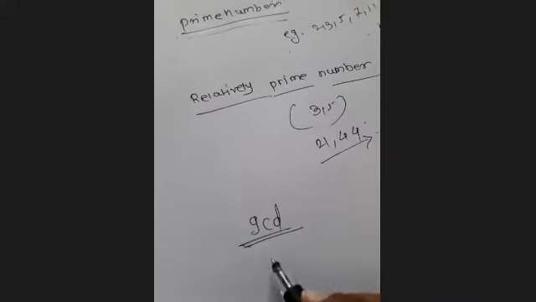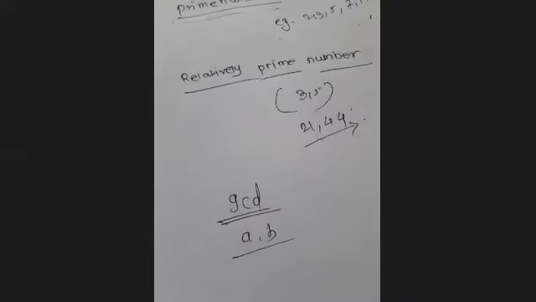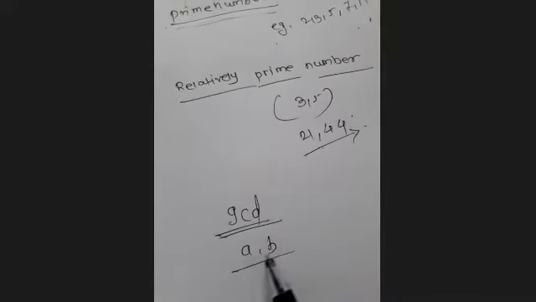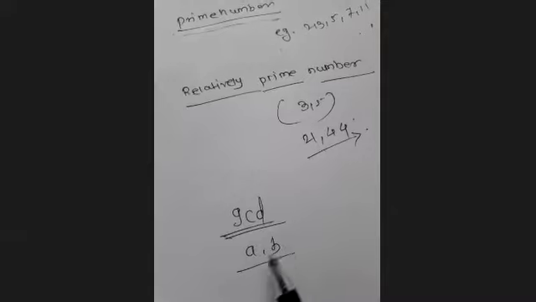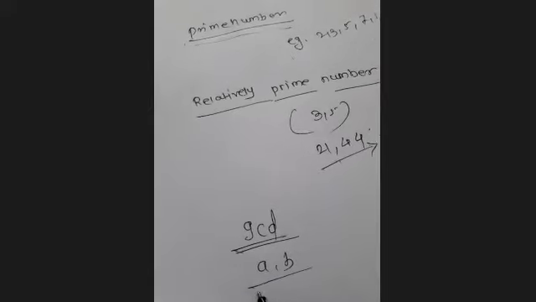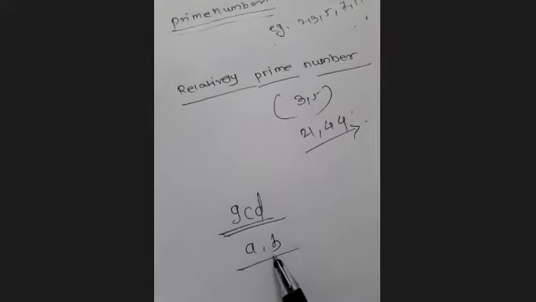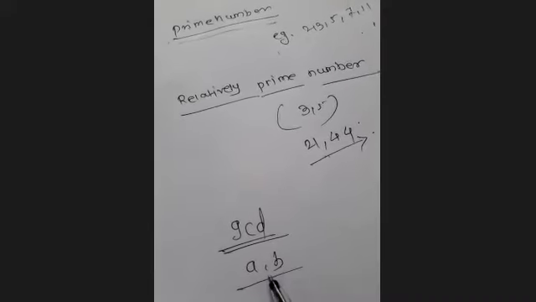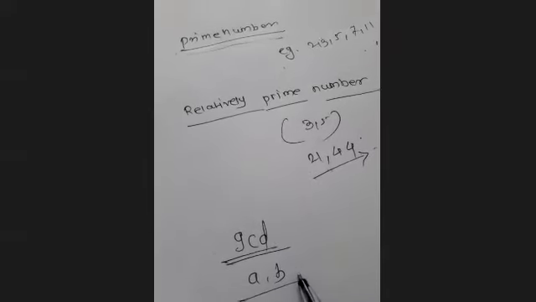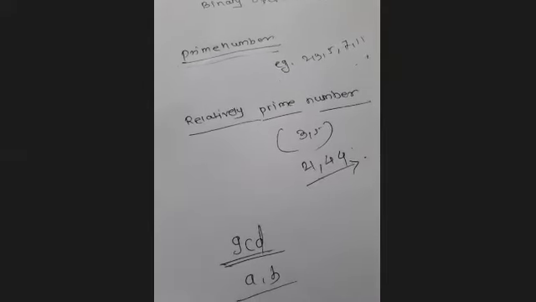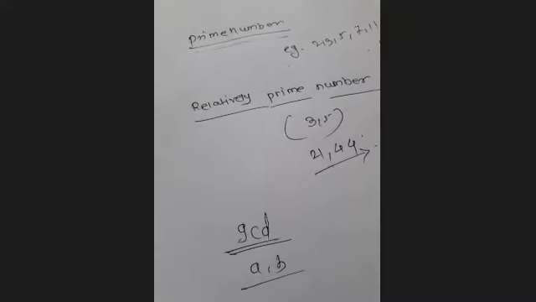If A and B are two positive integers, then the GCD of these two positive integers is the largest integer that can divide both the integers, right? Remember, the most needed concepts of your cryptography are GCD and the prime numbers.